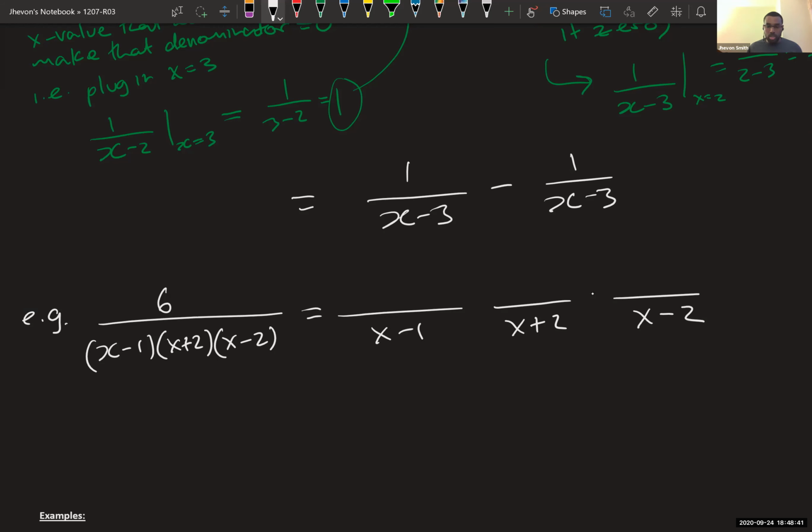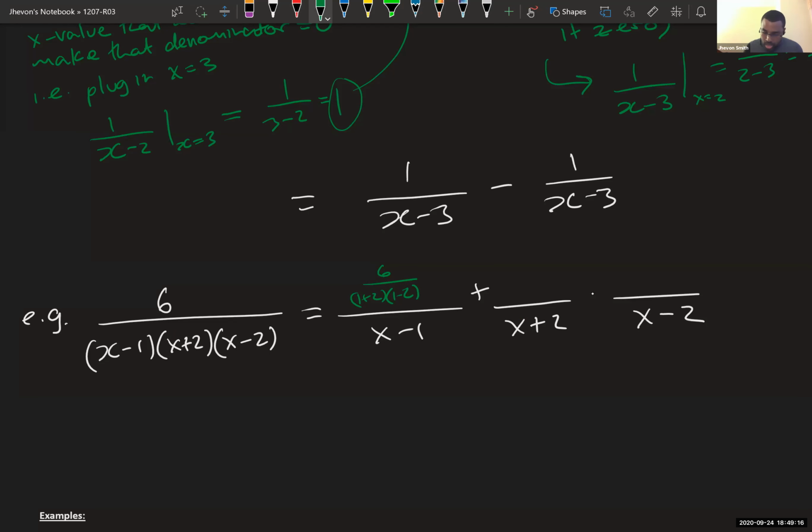When I'm looking at what should go on top of the x minus 1, I would cover up the x minus 1, plug in x equals 1. I would get 6 divided by 1 plus 2 times 1 minus 2. And that's going to be the numerator. When I want to know what would go on top of the x plus 2, I would cover that up over here and then plug in x equals minus 2.